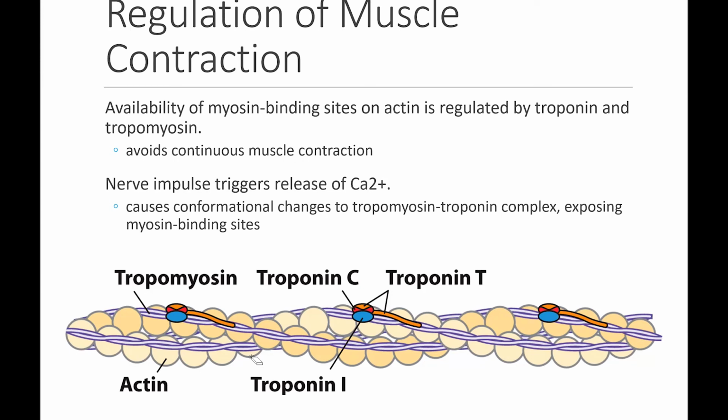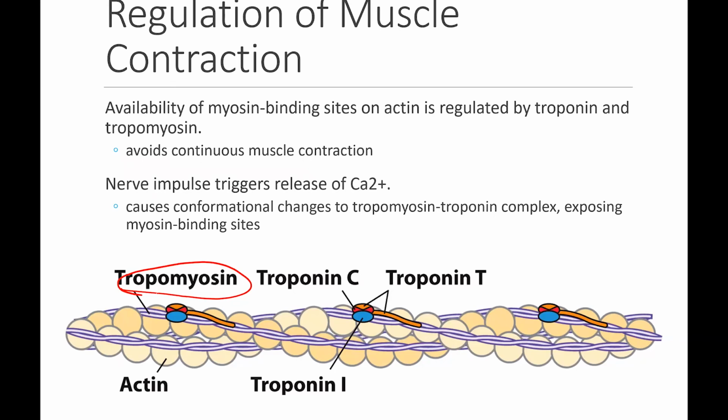Essentially, what happens is that when your brain releases calcium into your muscles, that's the trigger to move your muscles. So, a nerve impulse that travels to the muscles will release calcium. Calcium can then bind to this tropomyosin.